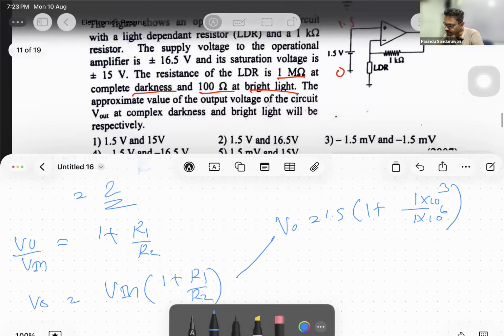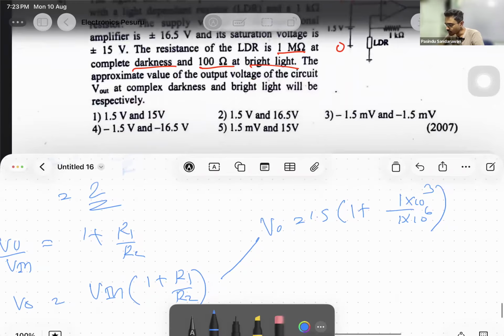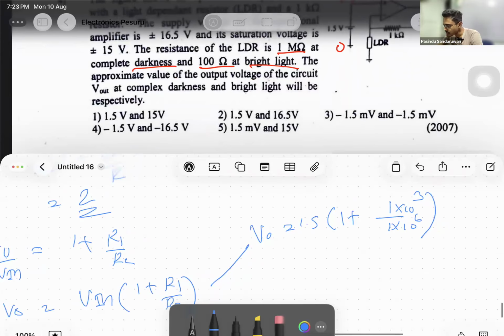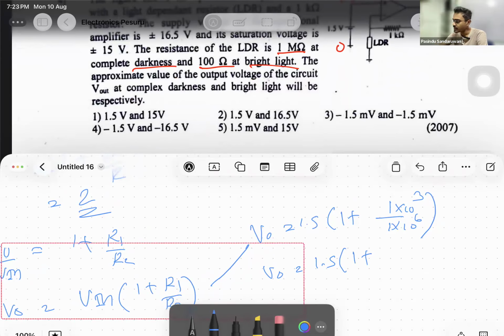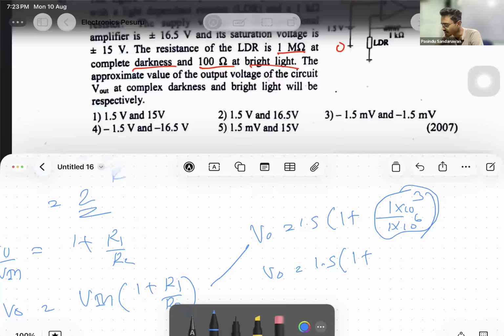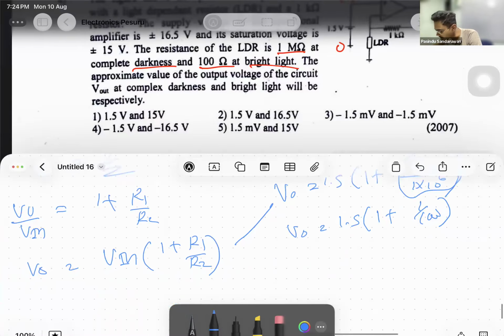So V out equals 1.5 times (1 plus 1 over 1000). 1 plus 1 over 1000 is 1 plus 0.001, which is approximately 1. Then V out is approximately 1.5 volts.